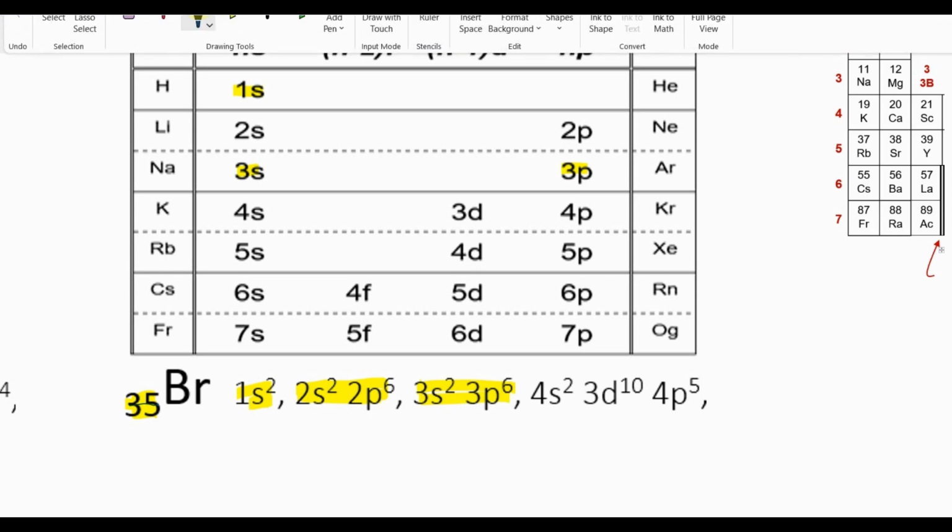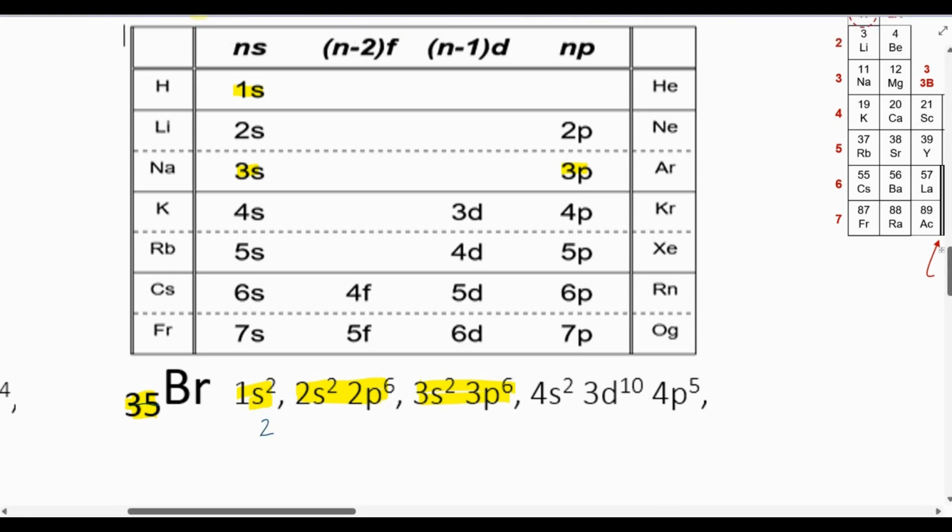Okay, there's 2 plus 8 makes 10. So this is helium. Here's neon. 8 more makes 18, and that's argon. We get to the fourth period. It's 4s2, 3d10, 4p6. There's another 18 here. 18 and 18 makes 36, and that would be helium, neon, argon, krypton, but we only want 35, so let's take one away.